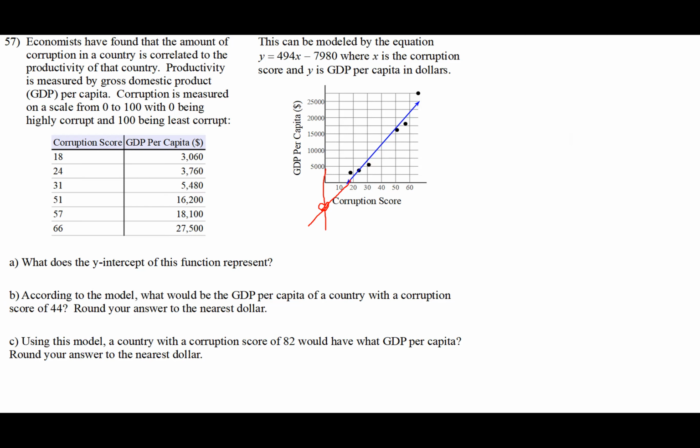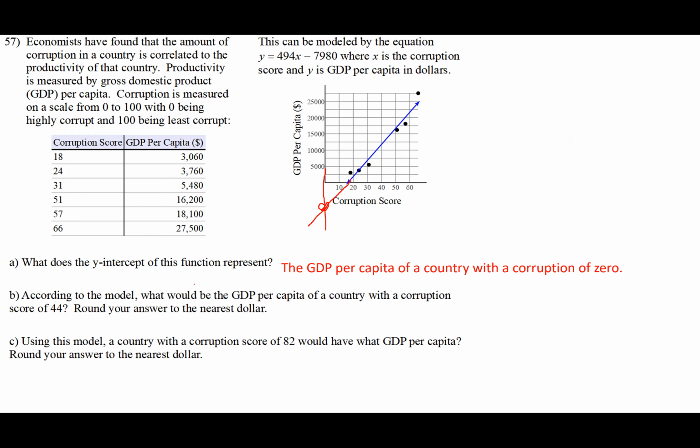But for the corruption score, the number at the bottom, notice how it will go down all the way to 0. So again, the GDP will be a negative number and the corruption score will be 0. So I'm going to say the y-intercept in this case will represent the GDP per capita of a country with a corruption score of 0.